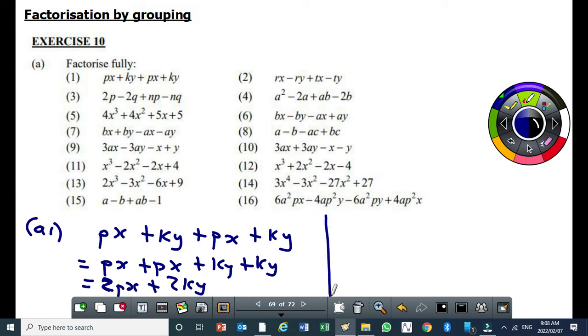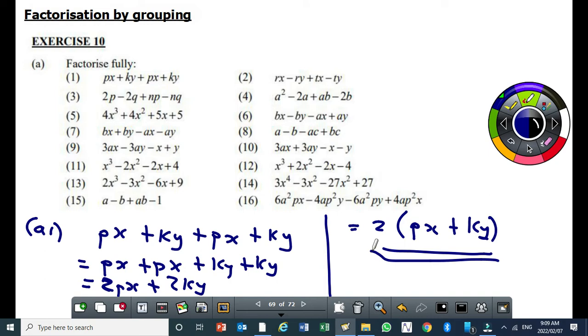Okay? Now that I've added them, I can't simplify them further, but I can factorize now. Okay? And we're going to have a common factor there, which is a what? A 2. So this will be 2 times (px plus ky). Okay? And that will be the final answer. The instruction says factorize fully. So I factorize there completely.